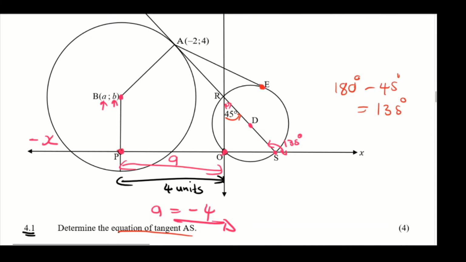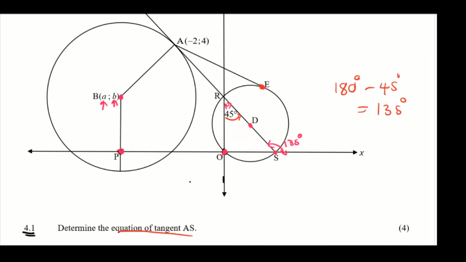So to find our coordinate of B, now that we have the coordinate of A being equal to -4, we need to note something here. We have this line of AB, right? We know very well that this AB is perpendicular to this tangent AS.